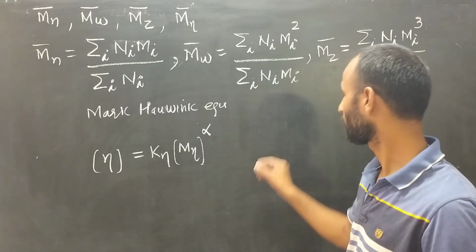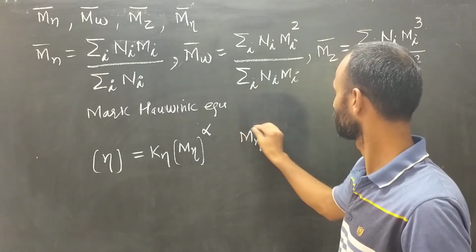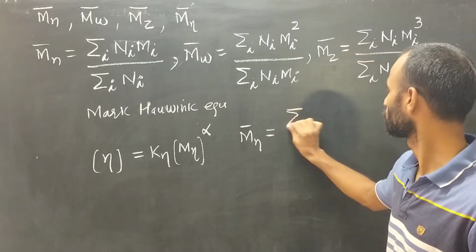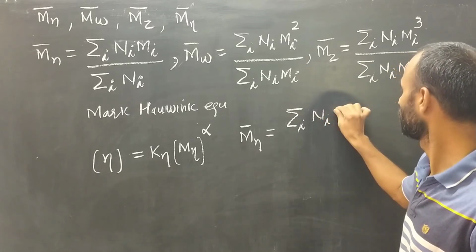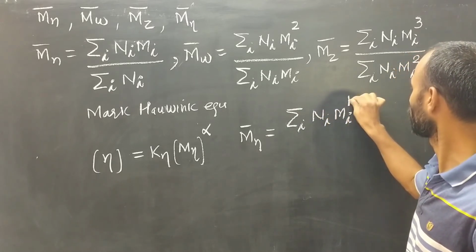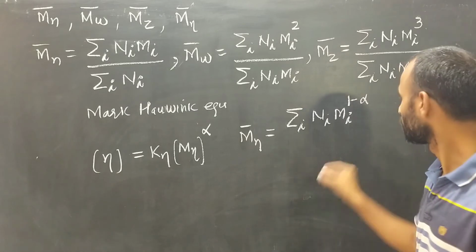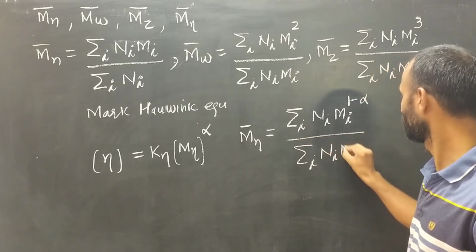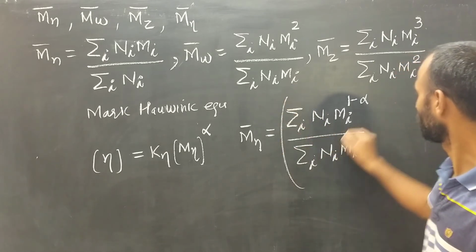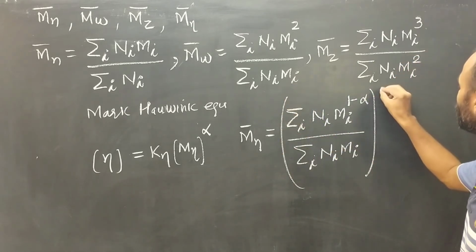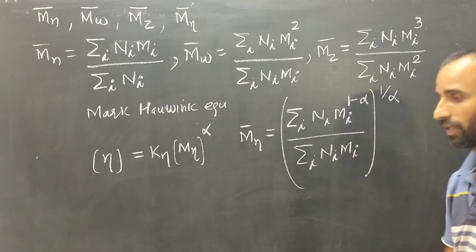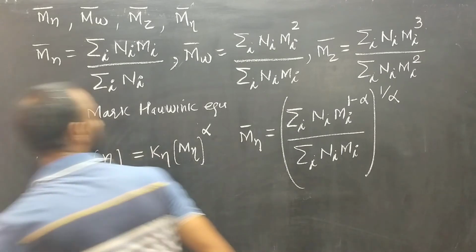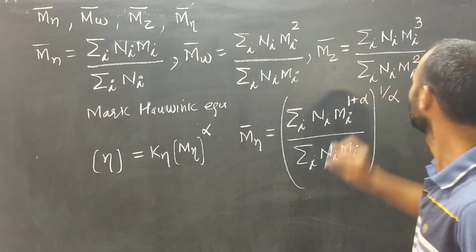From this we can calculate the viscosity average molar mass, which is the summation of Ni Mi raised to the power 1 plus alpha divided by the summation of Ni Mi raised to the power alpha. Sorry, it is 1 plus alpha in the numerator.